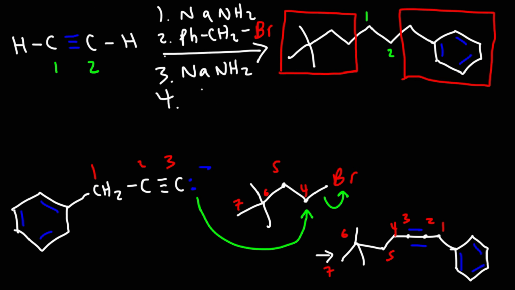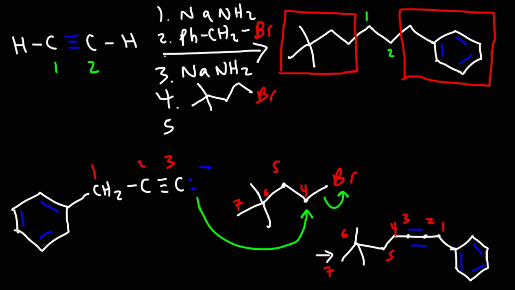So for step 4, we're basically going to draw that particular alkyl halide. Now for step 5, all we need to do is convert the triple bond into a single bond.